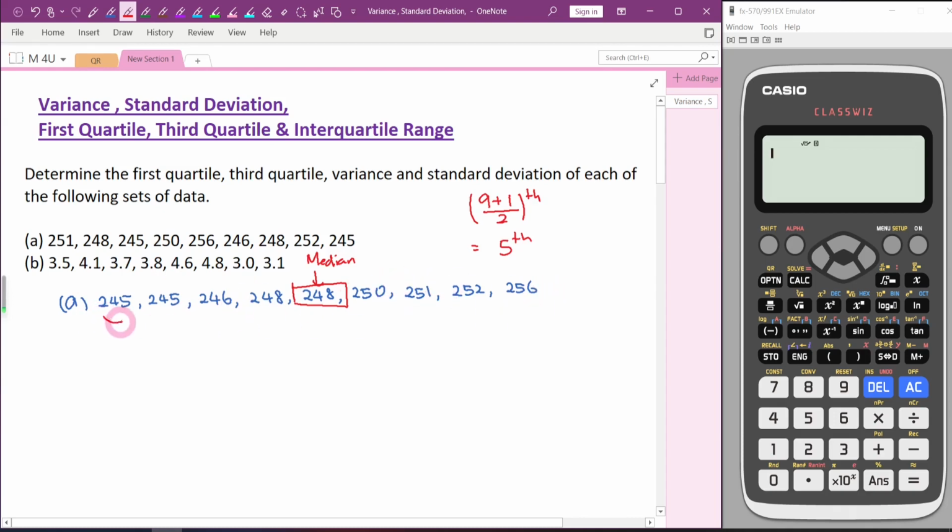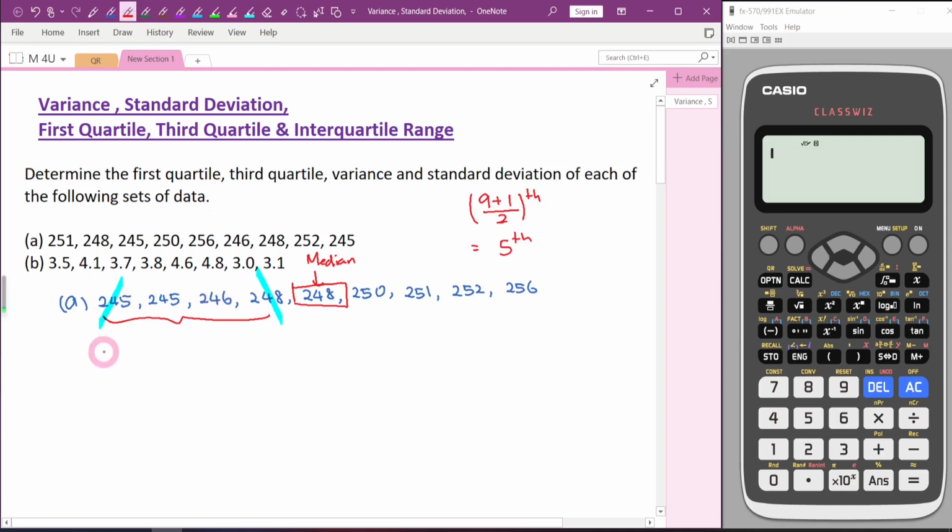Now, focus on this part. The first quartile will be the middle value of this set of data, these 4 data. Since this is an even number, we have 4 numbers, right? We actually have 2 middle values, but these 2 are not the first quartile.